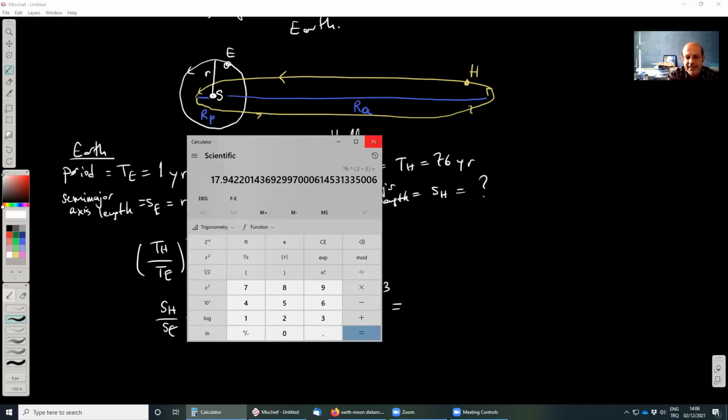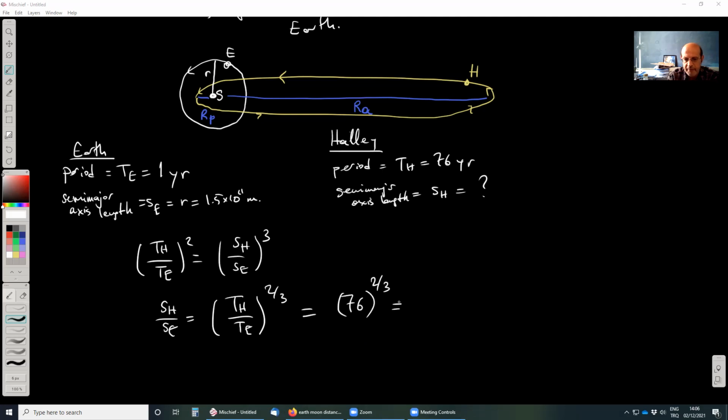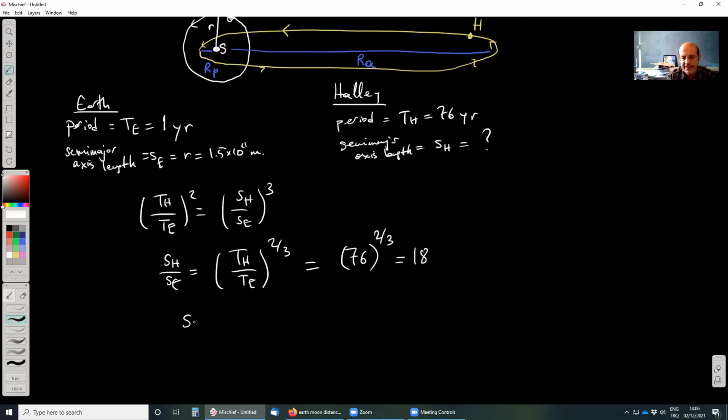So let's say that it is 18. Okay, that's 18. So that means SH is equal to 18 times 1.5 times 10 to the 11. So that means 27 times 10 to the 11, so 2.7 times 10 to the 12 meters.